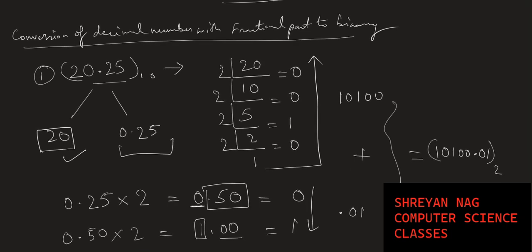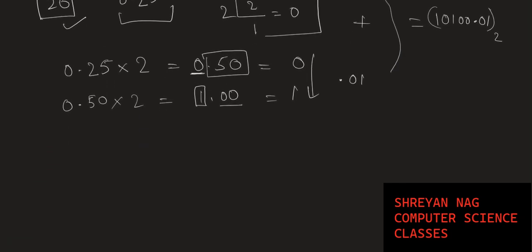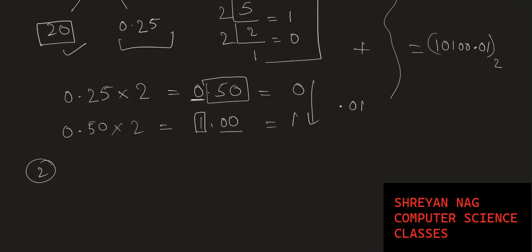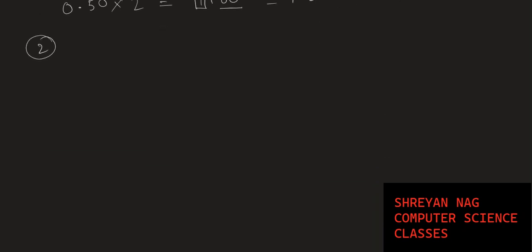Let us take another example to explain this. You have to remember that there will be some cases where the value does not end with 5. In that case, let us see what we do.